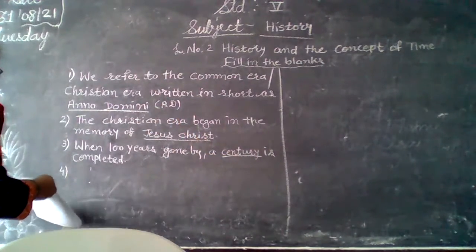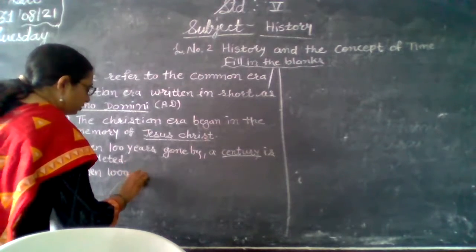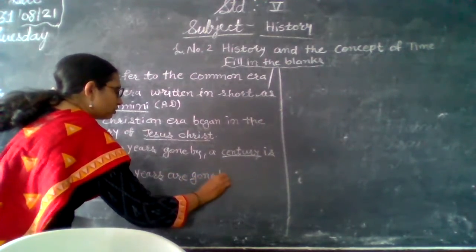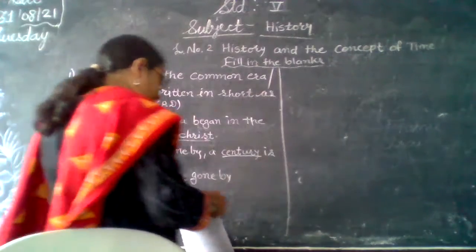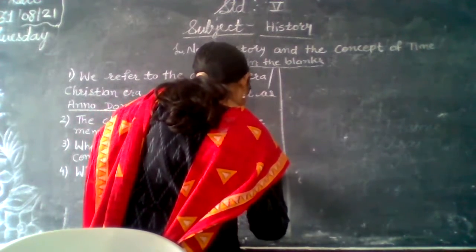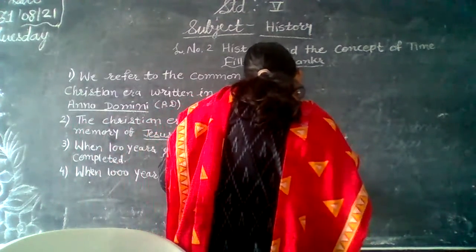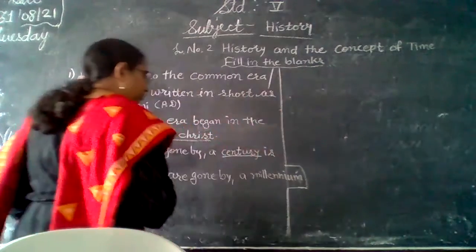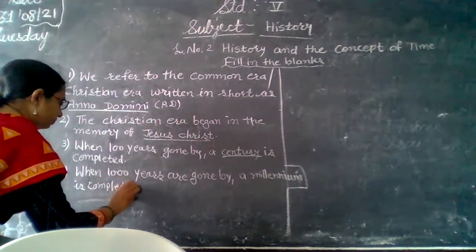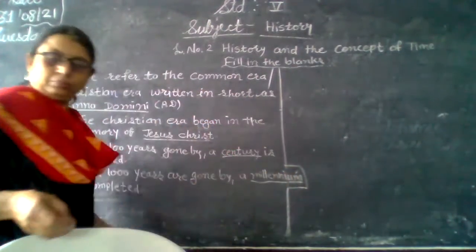Number 4, when 1000 years are gone by, a millennium is completed.